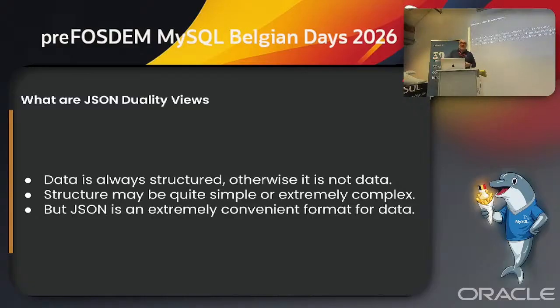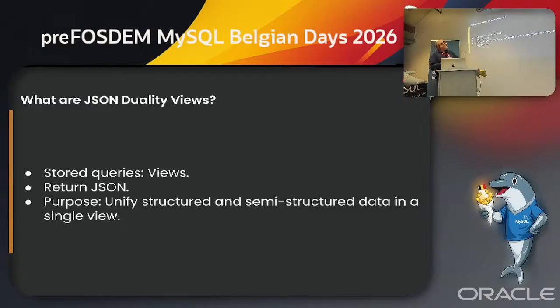Those structures can be quite simple, like a table with a few columns, or more complex, with embedded documents. And developers love JSON because it is a very convenient format that you can use for a lot of things.